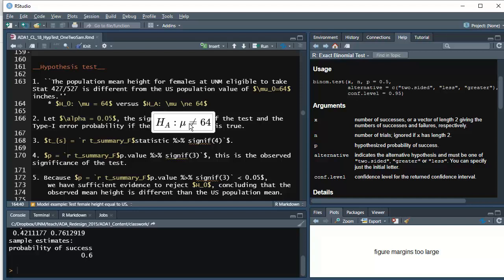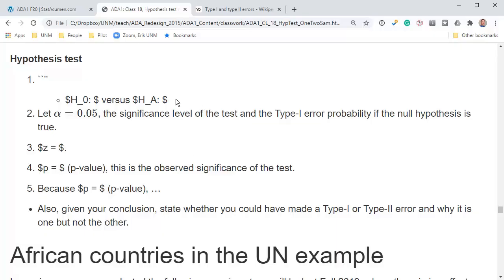That gives me the not equals symbol. So if I was you, I would come up here and just copy this, and then in place of mu, put the letter p, and then put 0.71, and same thing over here. That will give you your equations to fill in this spot right here.